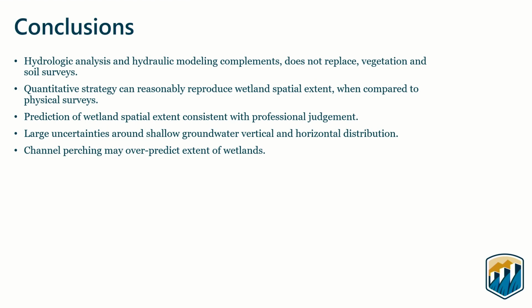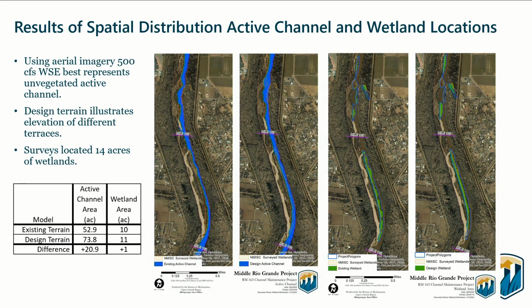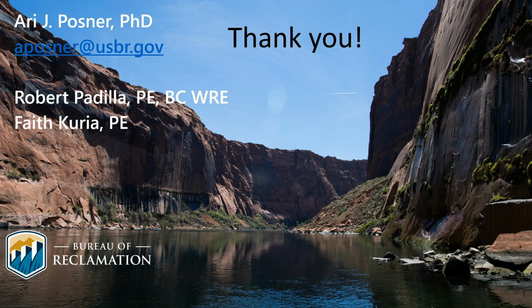Obviously, everything we do in modeling and data analysis requires professional judgment. There are large uncertainties around the shallow groundwater vertical and horizontal distributions. All we did was add that 12 inches. It'd be really nice to have a better idea of how that actually gets translated from the river out across the floodplain. And lastly, channel perching may over-predict the extent of wetlands. So with that, I'd like to thank my co-authors, Robert and Faith, and you all for your attention. Thank you.